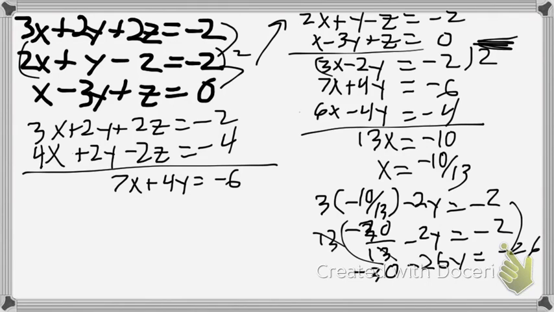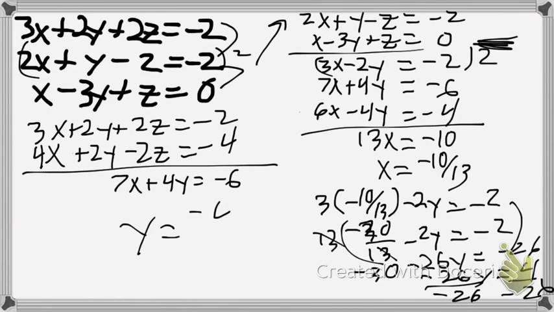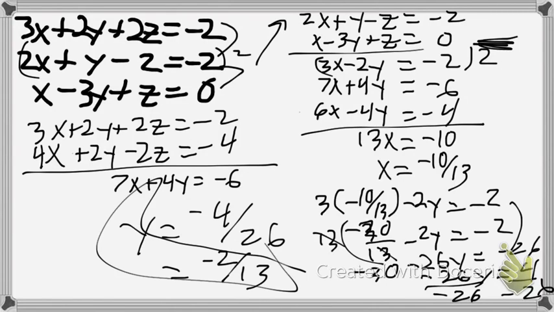I add 30 to both sides, and I get negative 26y equals 4. Divide both sides by negative 26, and I get y equals negative 4 over 26, which reduces to negative 2 over 13. So we know that's the right answer. That's probably easier. Whenever you have a fraction like that, multiply by the denominator, and that's going to clear that fraction.